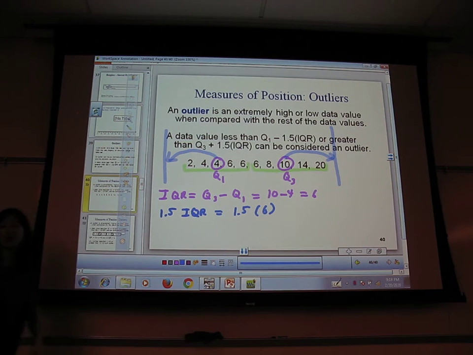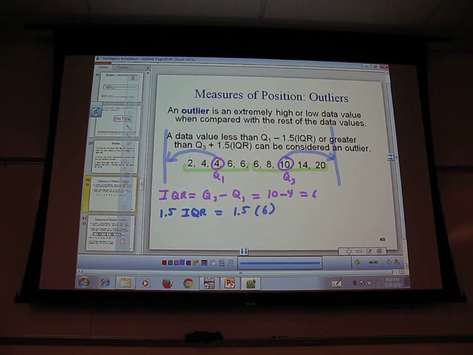What's 1.5 times 6? 9. Right, if you have $6 and someone has 1.5 times what you have, they've got 6 plus half again. 6 plus 3, they've got $9. So 1.5 IQRs is 9.